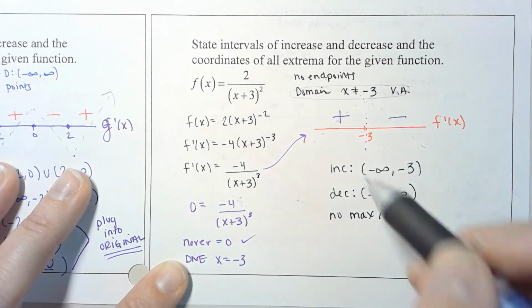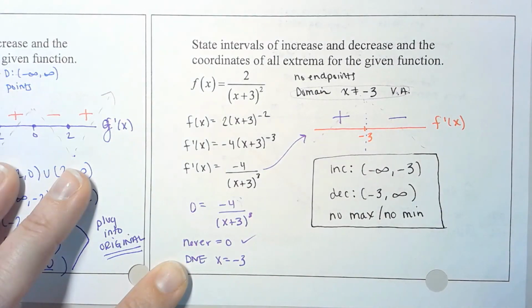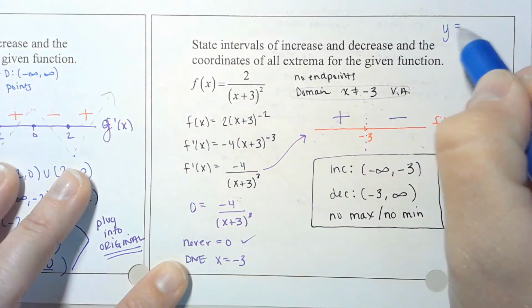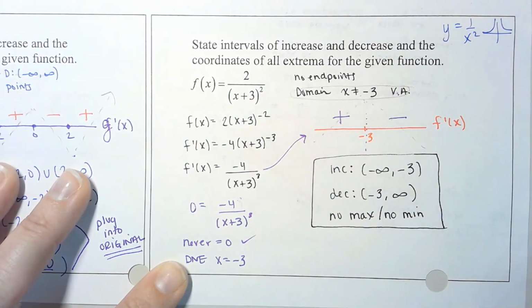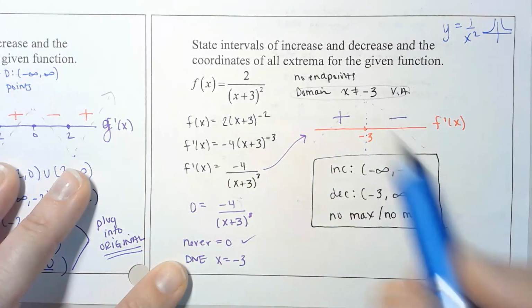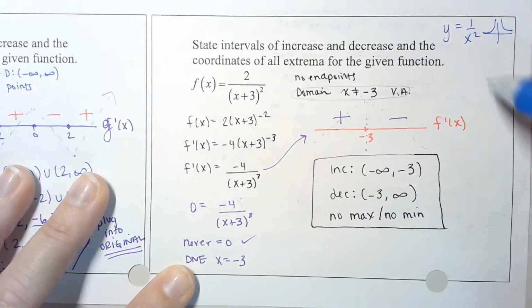By the way, we could have graphed this, I believe, from the get-go and not used any calculus at all. To me, this is the parent graph of 1 over x squared, which looks like that. It's been moved to the left 3 and a little bit of a vertical stretch.